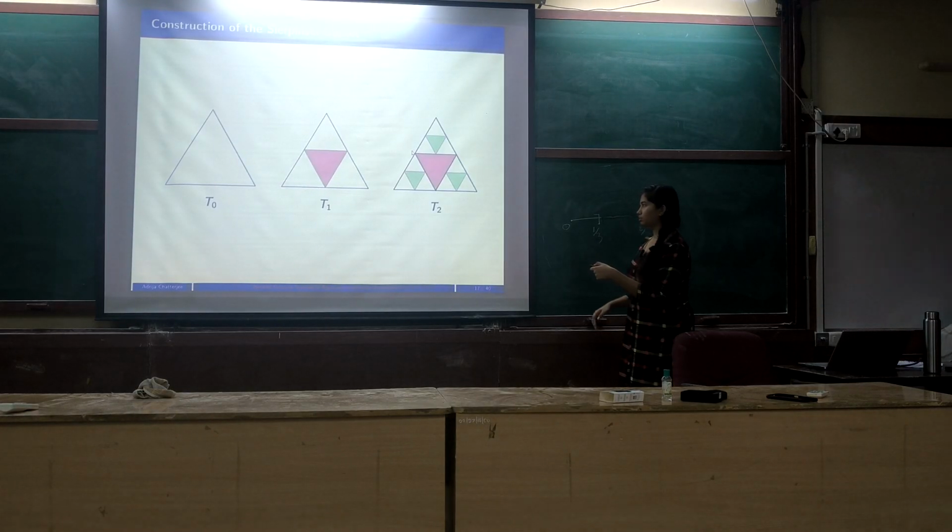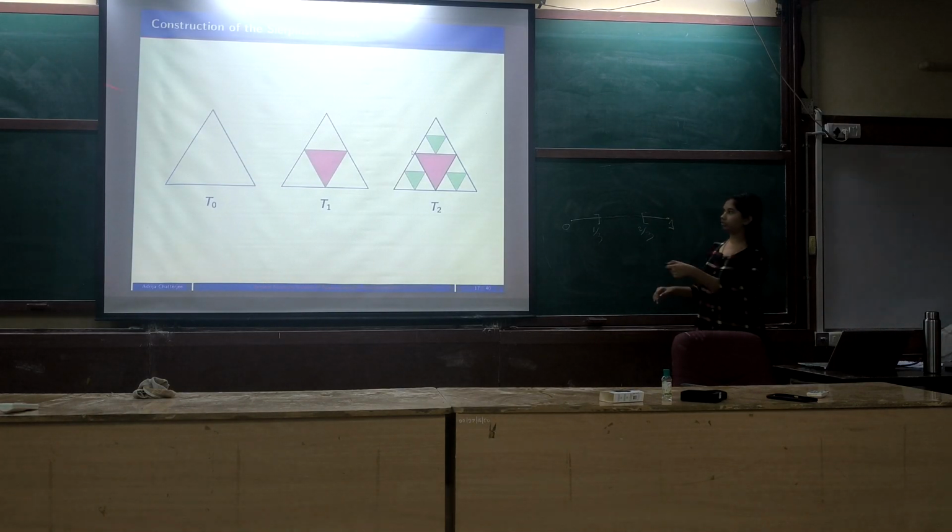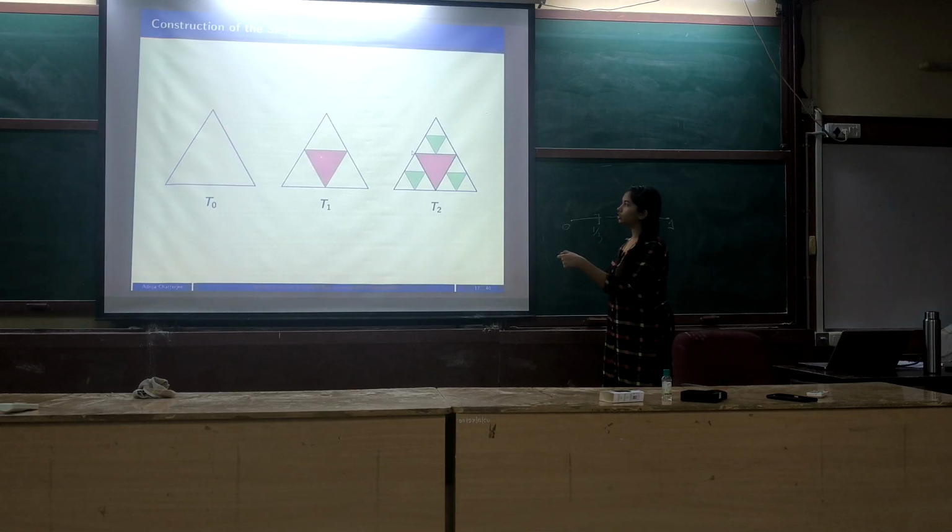So your map, when you want to map this triangle into this small triangle, you will just take x/2, y/2. Then here you will take x/2, y/2, and then you will shift it by half, so this triangle reaches here.